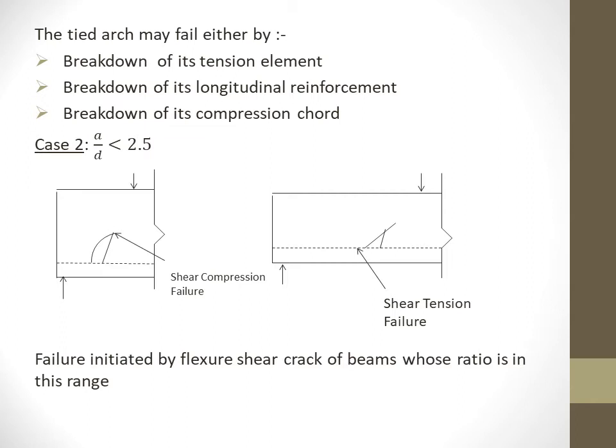In relatively short beams with a by d in the range of 1 to 2.5, the failure is initiated by an inclined crack, usually a flexural shear crack, and it can take place either by crushing of the reduced concrete section above the tip of the crack under combined shear and compression, and it's known as shear compression failure, or shear tension failure can take place, that is secondary cracking along the tension reinforcement, that is splitting cracks.